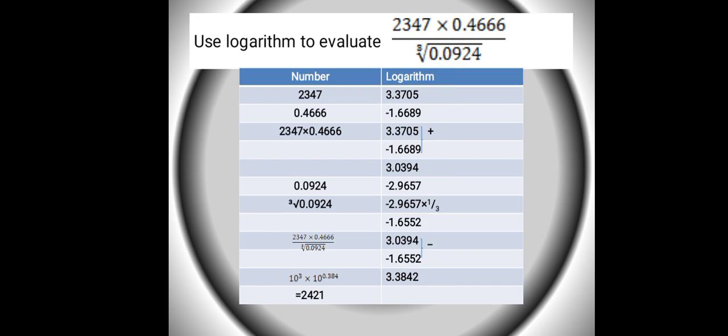Now subtract the denominator from the numerator. We have 3.3842. Get the antilogarithm of that. We have 2,421.